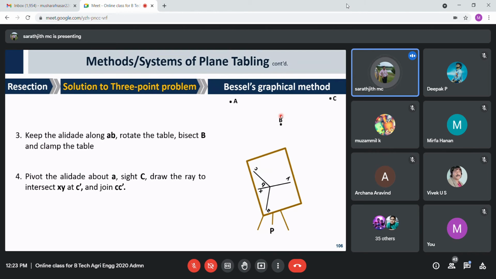So you have sighted the point B. Then from this point A, you sight point C and draw a line such that it intersects the XY line here. This is the XY line, and this new line intersects it at C dash. Then you can join C and C dash.